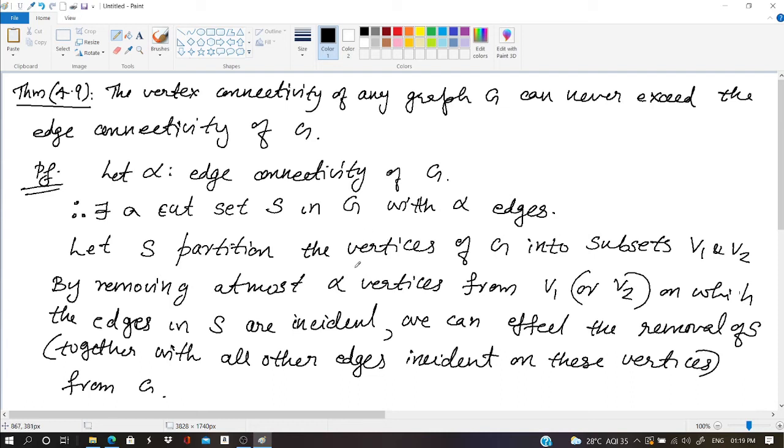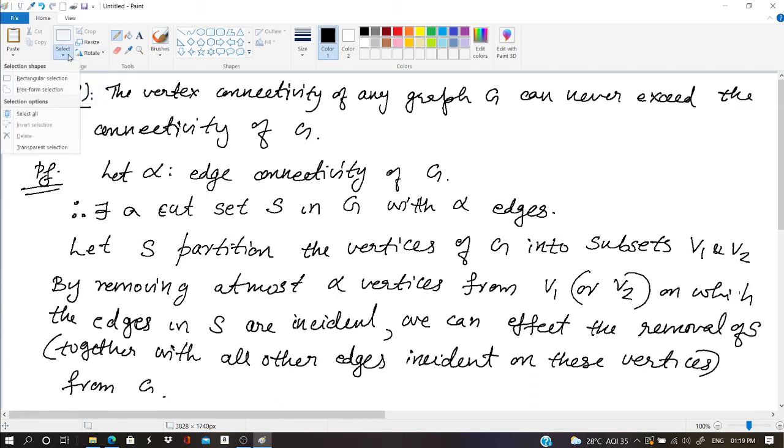Let S partition the vertices of G into subsets V1 and V2. By removing at most alpha vertices from V1 or V2 on which the edges in S are incident, we can effect the removal of S from G. Okay, this completes the proof of this theorem.